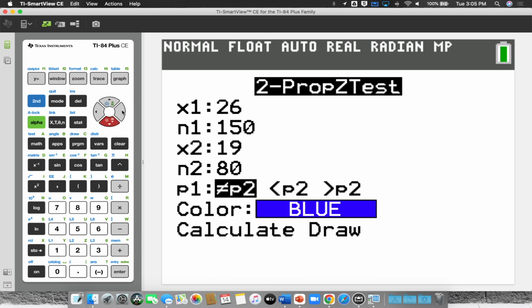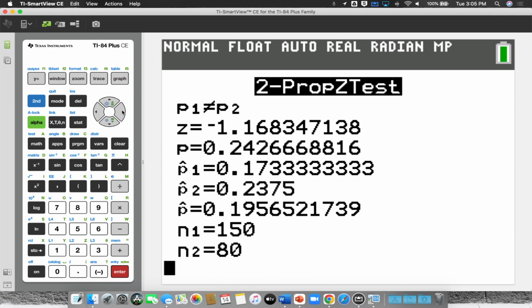Not equal to. Then I hit calculate, and it gives me all that stuff. The first thing I need is my z-score: negative 1.17, we'll say.